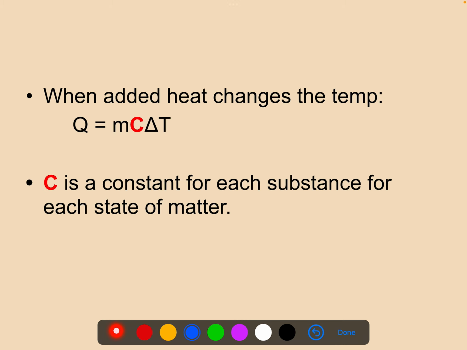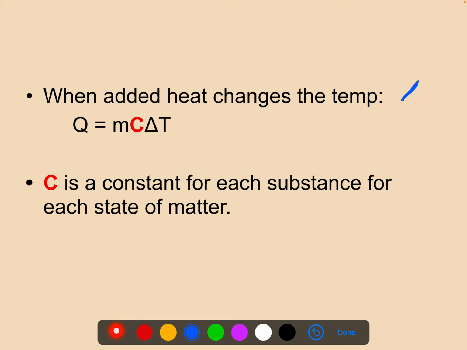When added heat changes the temperature, so these are going to be on those slanted parts of our graph, we are able to use that equation with specific heat. So the Q equals MC delta T. And remember, C, specific heat, is a constant for each substance in its state of matter.